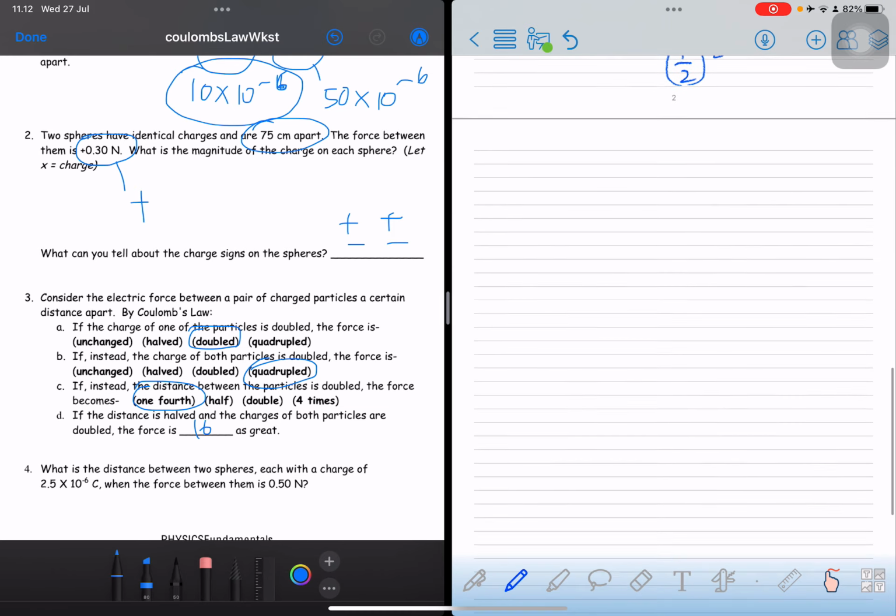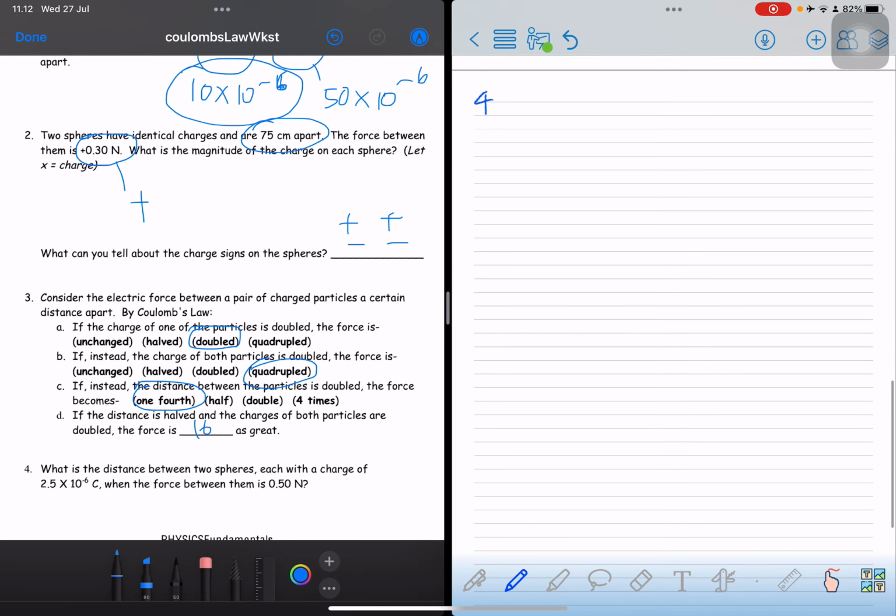Okay, one more: question 4. What is the distance between spheres, each with a charge of 2.5 times 10 to the power negative 6 Coulomb, when the force between them is 0.5 Newton? We need to find the distance. Force is K Q1 Q2 divided by D squared, so we can change to D squared equals K Q1 Q2 divided by F, and then D is the root of this.